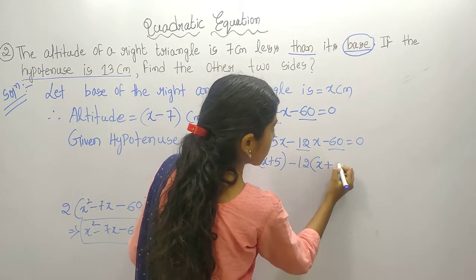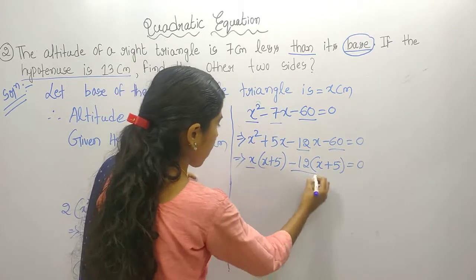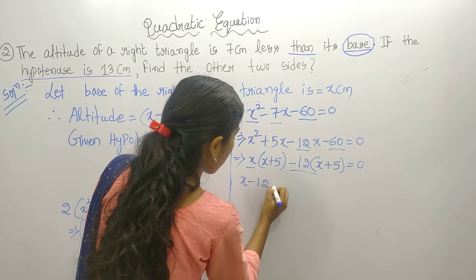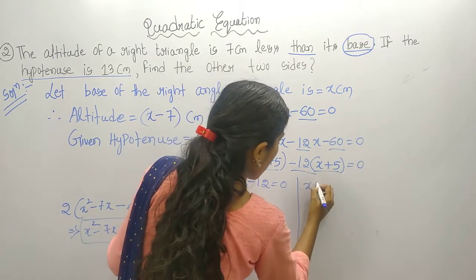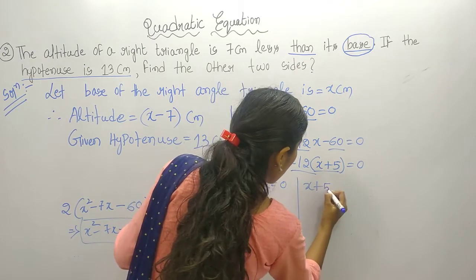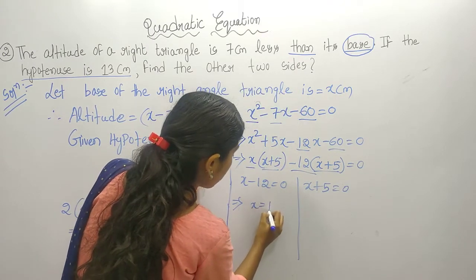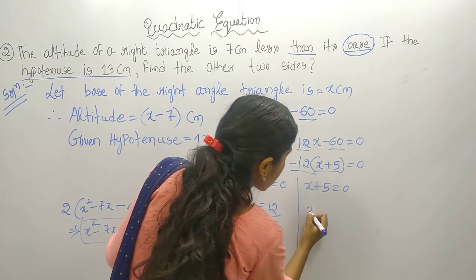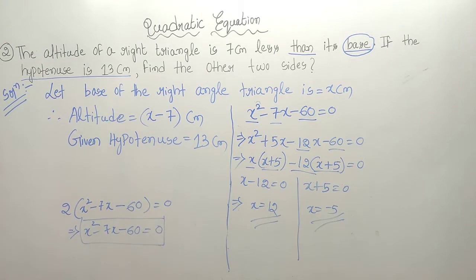So, inside x plus 5 equals 0. So, here you see x minus 12 equals 0. Again another one is x plus 5 equals 0. Okay. So, that implies here x is 12. Again here x is minus 5. So, these are the two values.